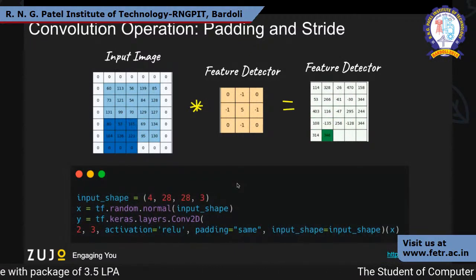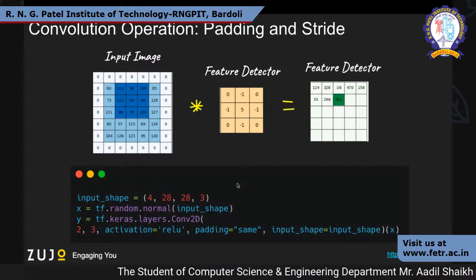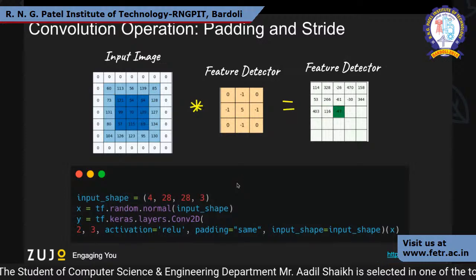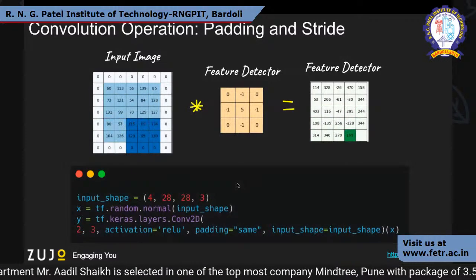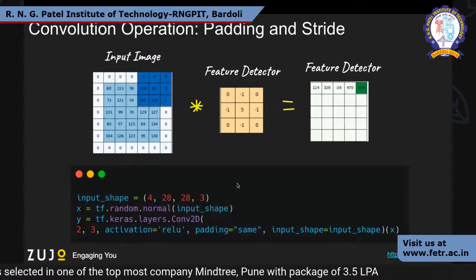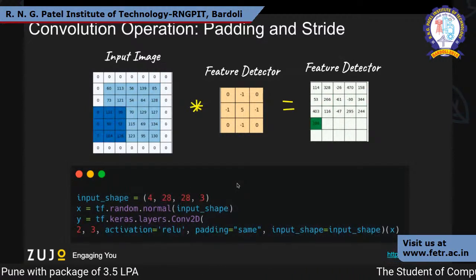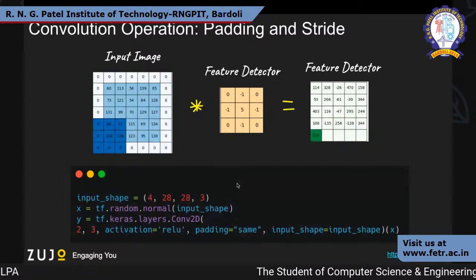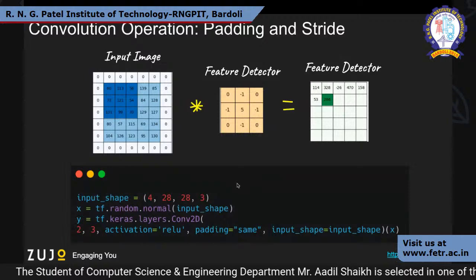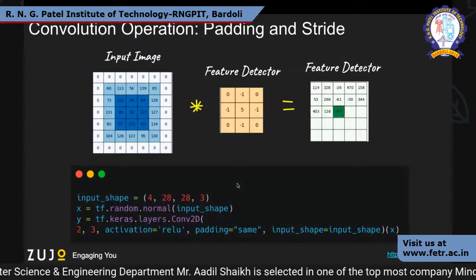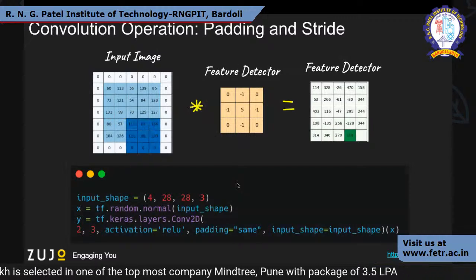At the bottom of the screen, as you can see, there is an example of padding and stride, or your convolution layer as well, right? So the input shape is 4, 28, 28, and 3. 4 is your number of batch, or how many elements there are. 28 by 28 is the same pixel size we used for the image input, and 3 is the number of channels.